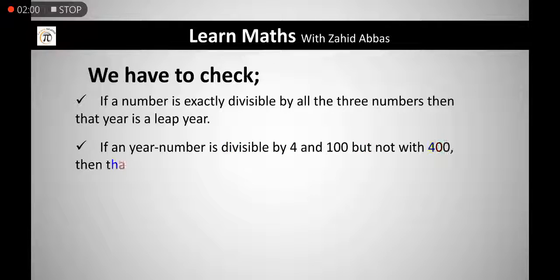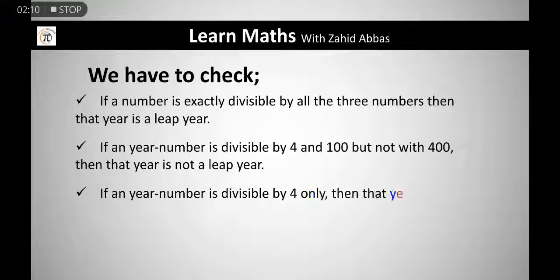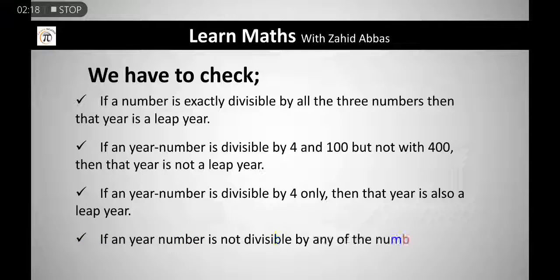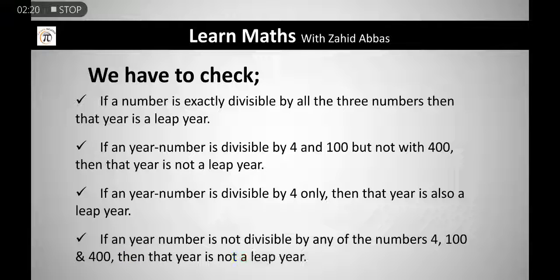If a year number is divisible by 4 and 100 but not with 400, then that year is not a leap year. If a year number is divisible by 4 only, then that year is also a leap year. If a year number is not divisible by any of the numbers 4, 100 and 400, then that year is not a leap year.